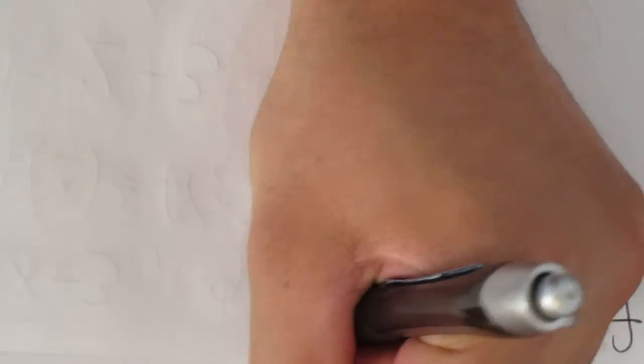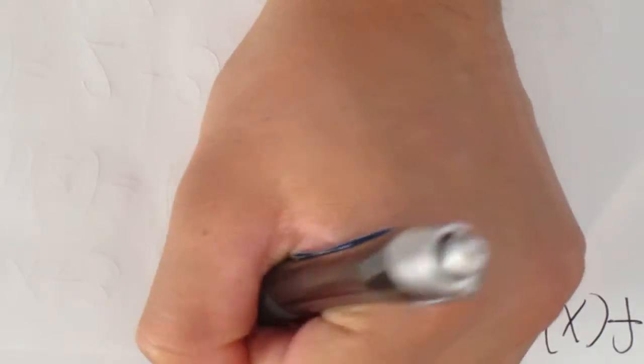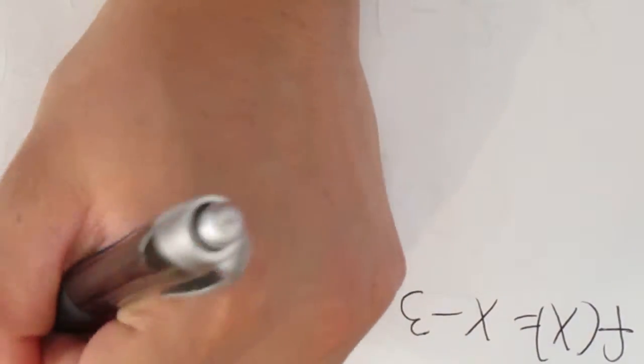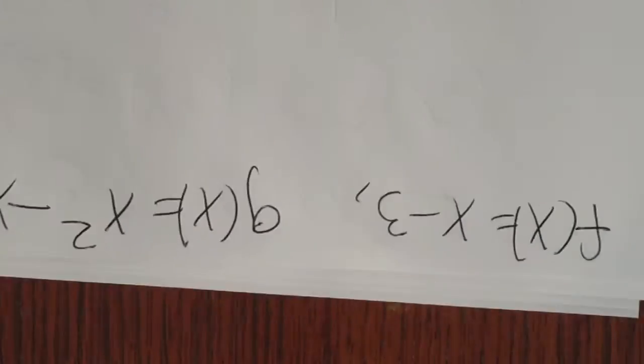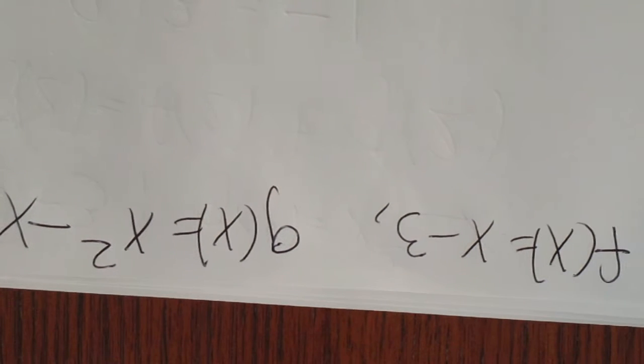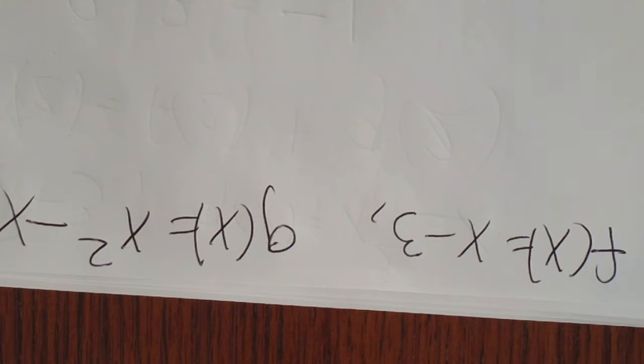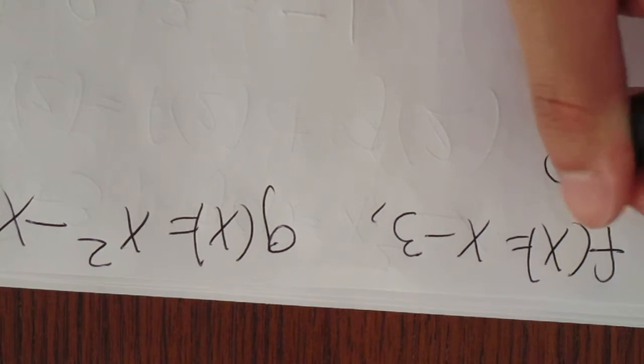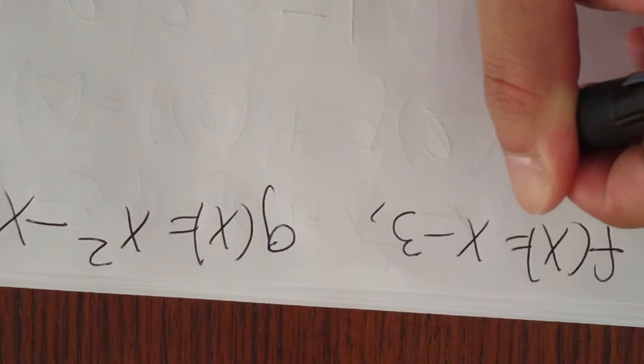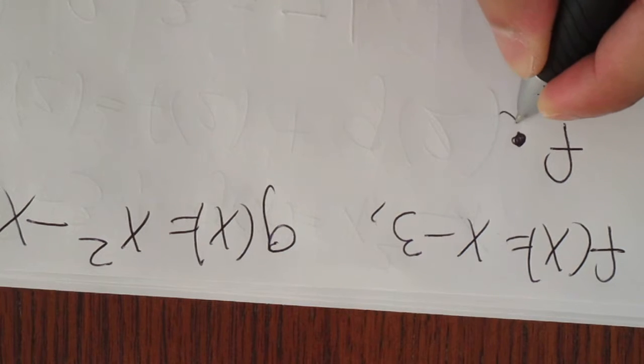Okay, let's do a multiplication one. Let's use the same functions. So the functions are f of x equals x minus 3, and g of x equals x squared minus x. They want to know what is f times g of negative 1. This dot means multiplication.